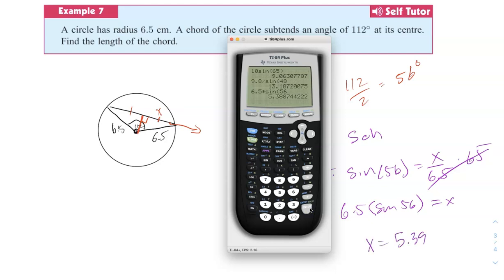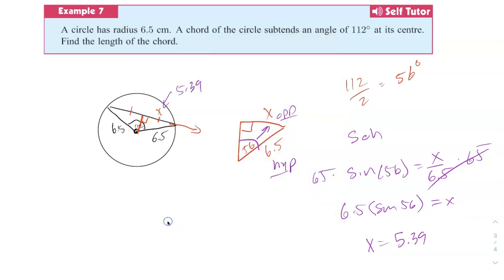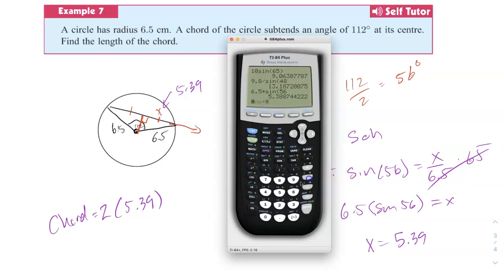So again, that is this side, 5.39. I want the whole chord, so I'm going to multiply that by 2. If we're doing 3 sig figs, it's 10.7.